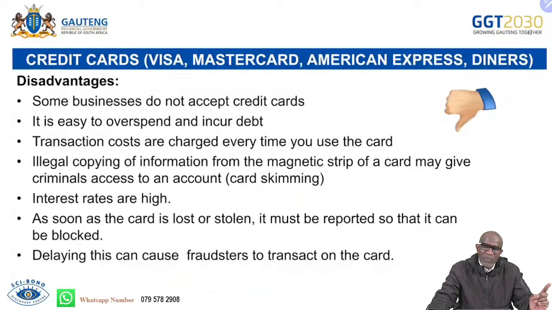That is that black line that appears on your card that has certain credentials that can be copied, and a duplicate card can be made, putting you into further and more debt, keeping you very prone to illegal or fraudulent criminals out there.